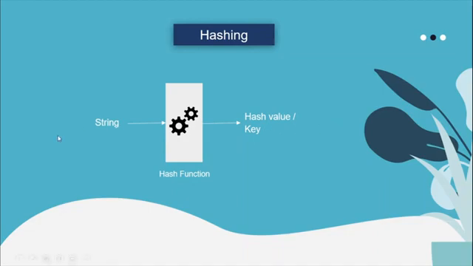The hash generator will generate a hash value or hash key which will be assigned to this string. Basically, this hash value represents the string, and using the hash values we'll be comparing the strings.